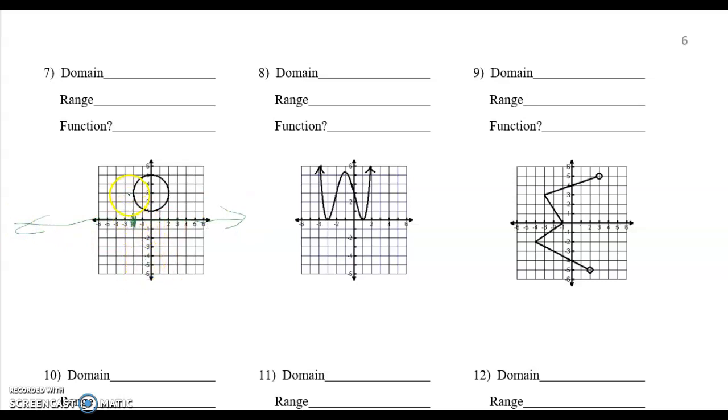It looks like the smallest possible x value is -2, and it's everything between -2 and again at 2. So that means we want to include -2 all the way up to 2, including 2. The range, that's the y values. So if we take a slider and look at all the y values, there we're going from 1 to 5. Is it a function? No.